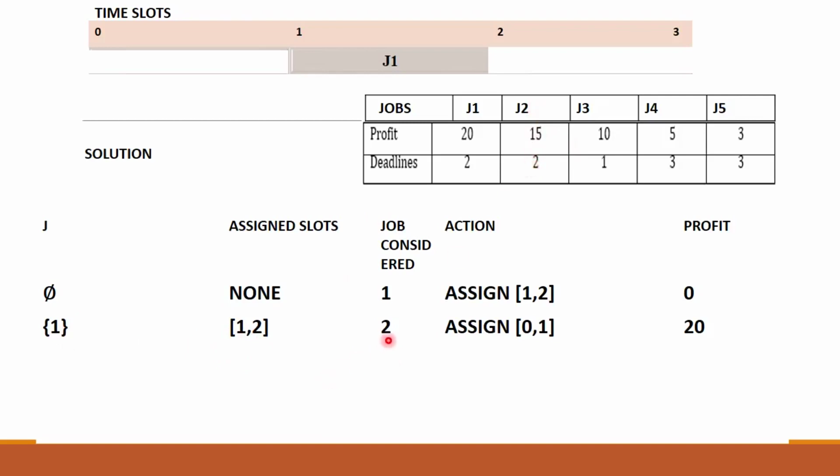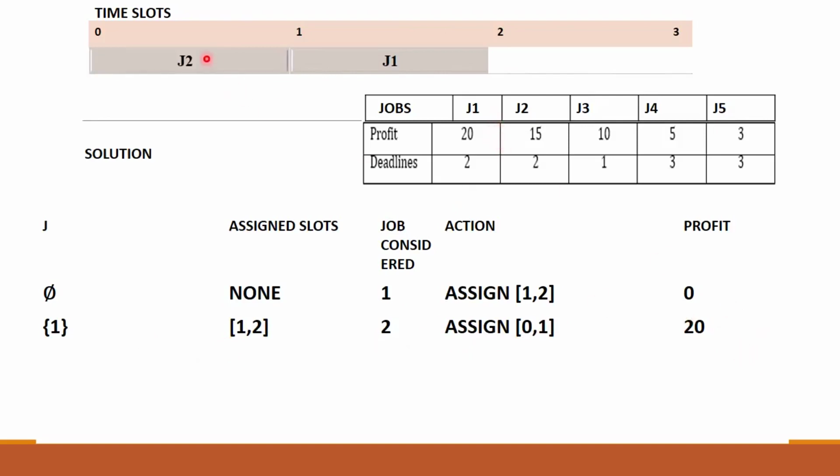Its deadline is also 2. That means you should check for a free time slot before deadline 2. We have a free time slot, 0 to 1. You assign that, and you will get a profit of 20, because this is just assigned and set to finish its work.